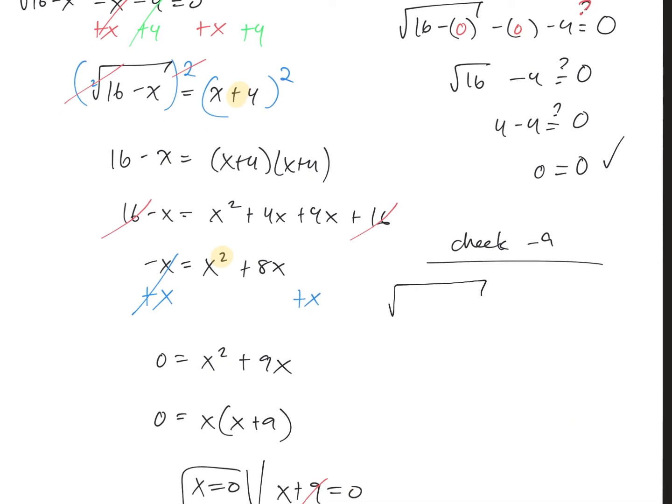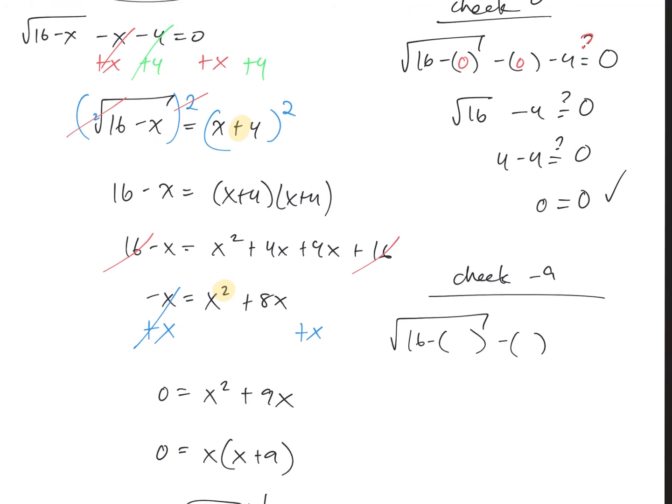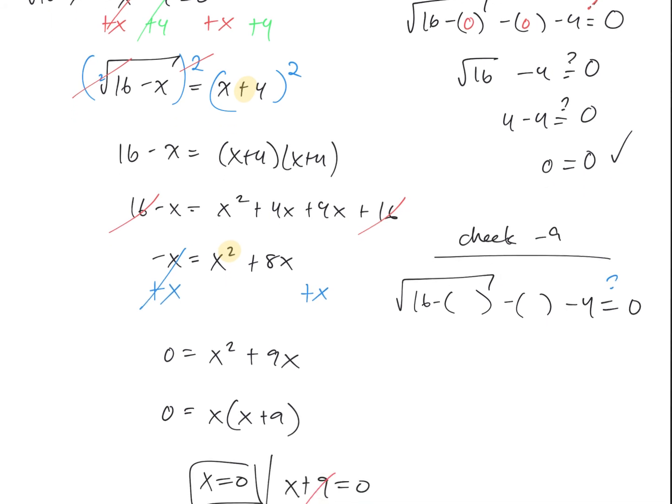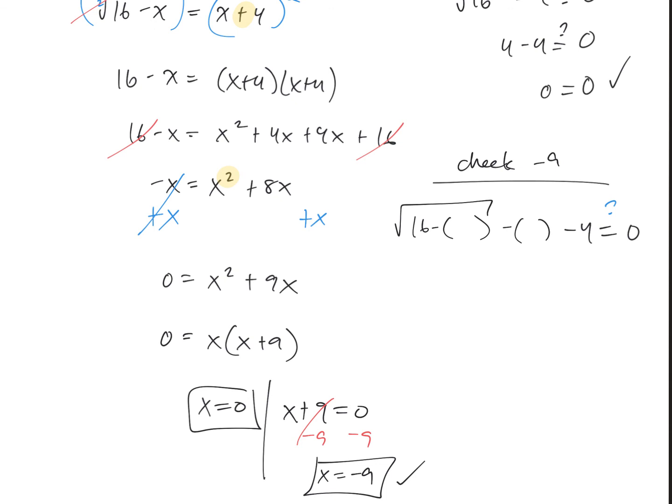Square root of 16 minus, I'm going to leave space to plug in that negative 9. And it should be minus 4. And we're checking if that equals 0 in the end. Once again, we're not solving. We're just checking if both sides end up equaling the same thing. So we'll plug in the negative 9. And we get the square root of 16 plus 9 minus 4. Does that give me 0? Well, 16 plus 9 is 25.